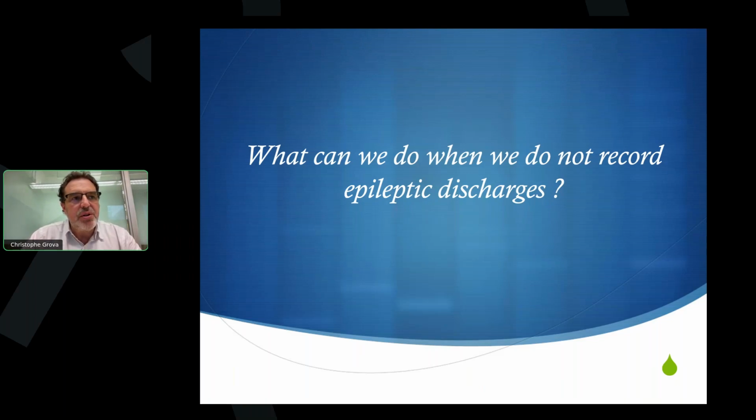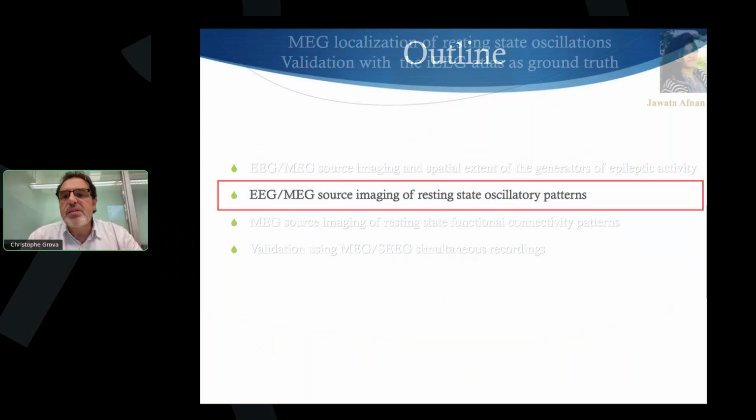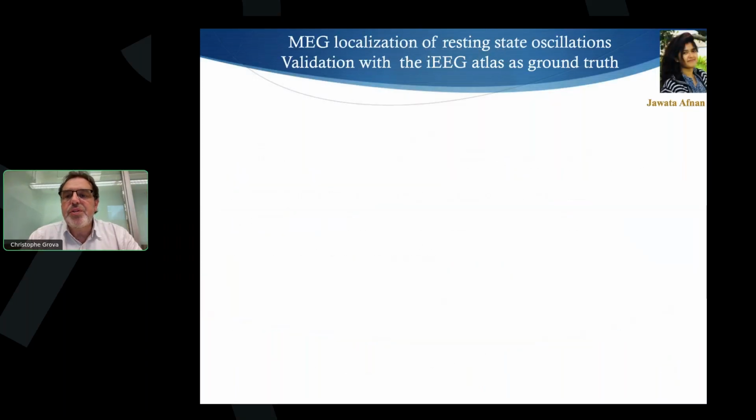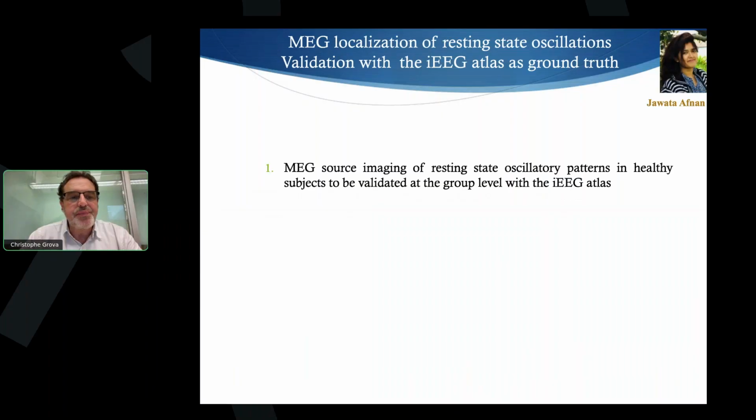And there is a lot of literature on resting state oscillatory patterns or functional connectivity. In this study, I will not do much epilepsy, but I'll show you the work we have done to validate, to show that our method is providing promising results where we hope we could use that as a clinical tool. So this is the work done by my previous PhD student, Jawata Afnan.